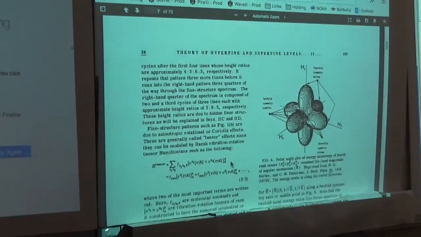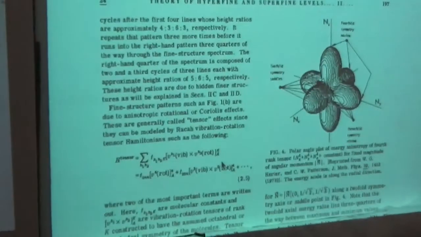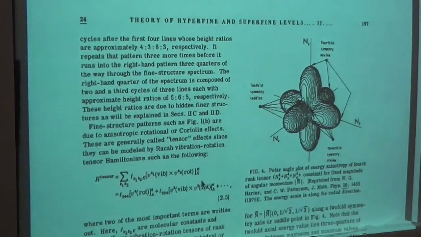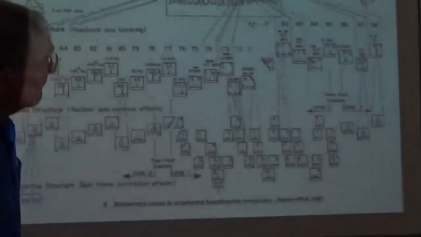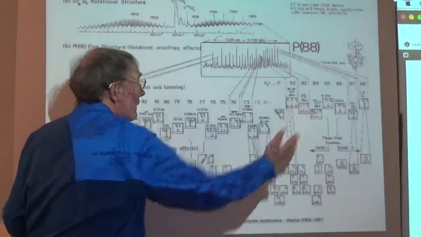That's your paper, Dr. Harter, right? Yeah. And this is the thing we're really proud of, and it doesn't look like much because this is almost the first example of a rotational energy surface, which makes sense out of the crazy stuff that's going on here, going from here to here.